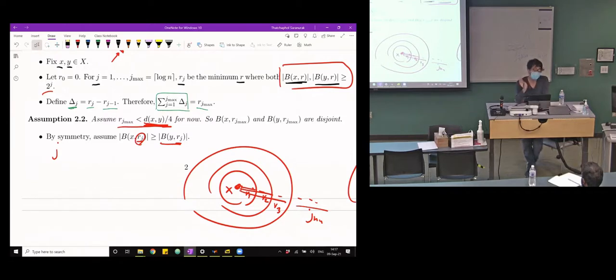Is this sort of saying that we're assuming for now that it doesn't grow too fast? We just want that the last one is not too big, really. So maybe every time it grows by 1.1 instead of 2. I actually don't care how much it grows from 1 to j max. I just need that the last one is not too big.